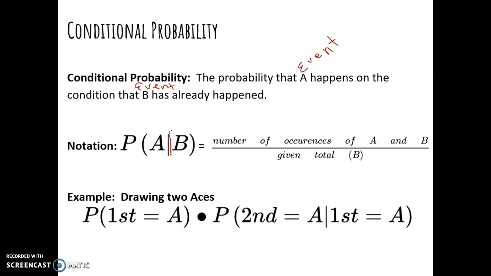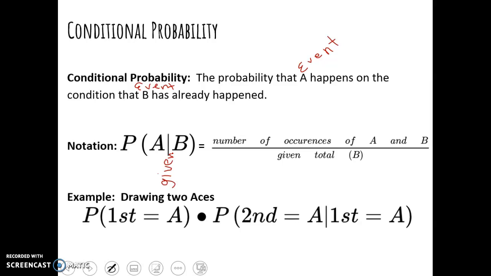So the event that we're trying to find the probability of, given that the event B has already happened. And we would read it as find the probability of A given B, meaning find the probability of A given that B has already happened.